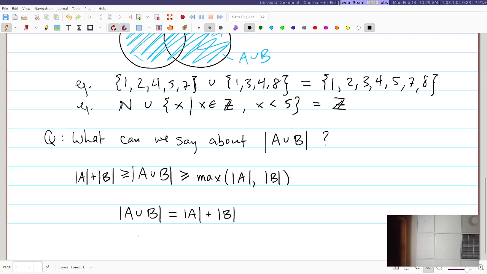Yeah, JC. Is it the intersection? Exactly. Minus the size of the intersection. Why is that?